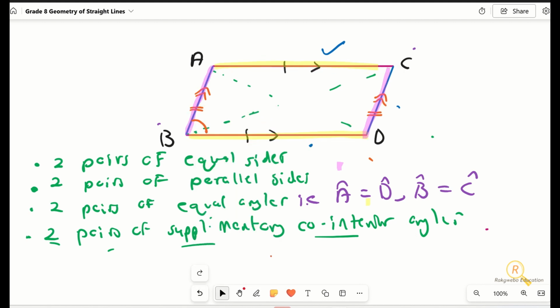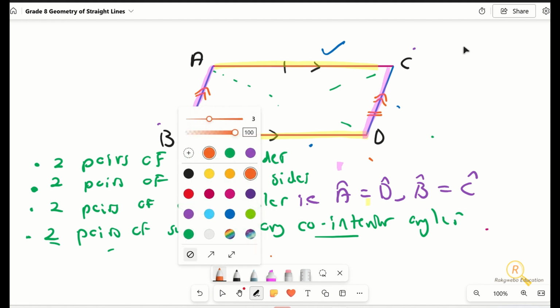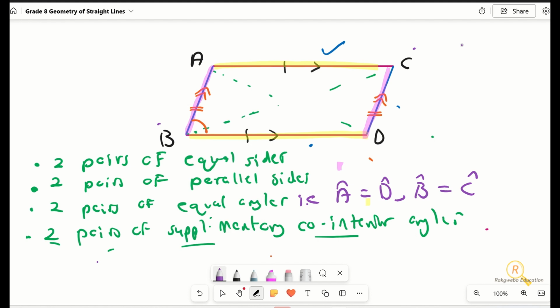Therefore, we can say angle A plus angle B is equal to 180 degrees. And we can also say angle C plus angle D is equal to, yes, co-interior, which is 180 degrees.